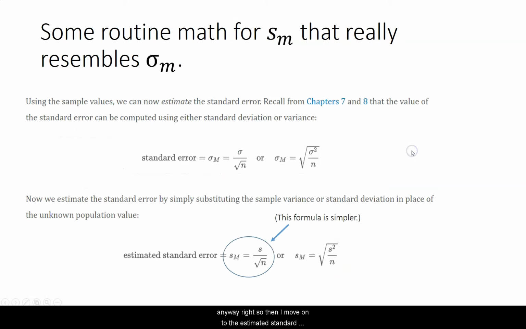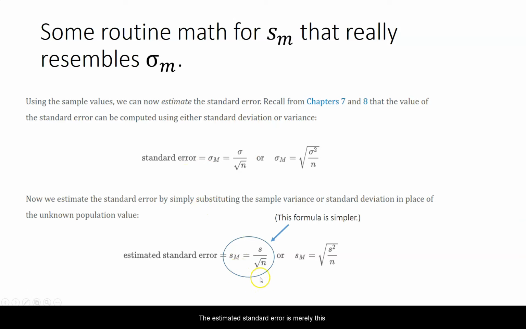So then I move on to this estimated standard error. Now you'll notice this is what we had in Chapter 8, and this thing looks a heck of a lot like it. Like how? Well, you remember here was a formula, right? I calculated the standard error, which was literally the standard deviation of the distribution of sample means, like this.